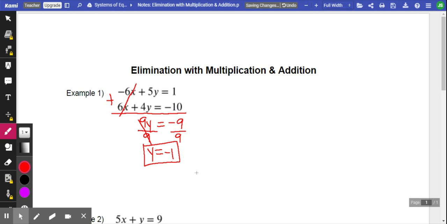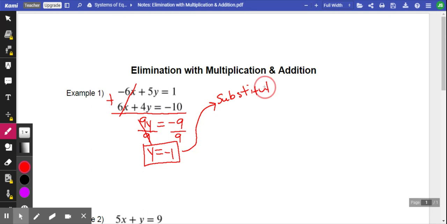This is a big thing that came up a couple times on some of our Edpuzzle problems last week. One of the questions asked, how do you find the other variable once you have one of them? How do you find x once you have y in this case? How we're going to do this comes back to our magic word that we've used all year long: we've got to substitute.